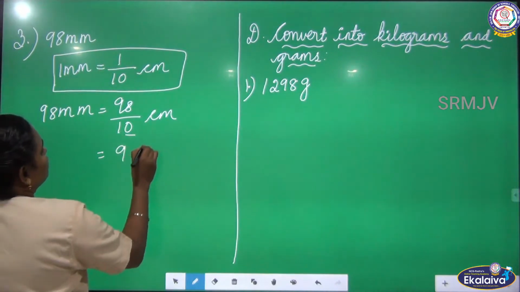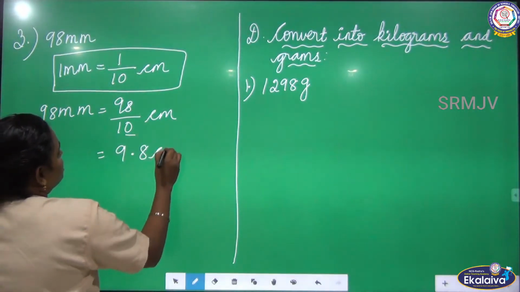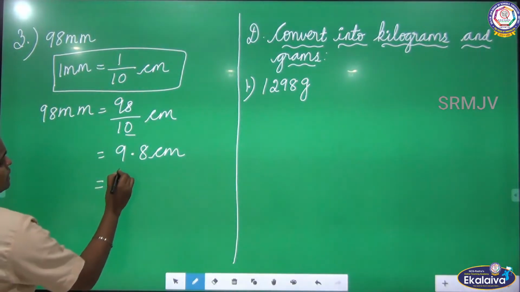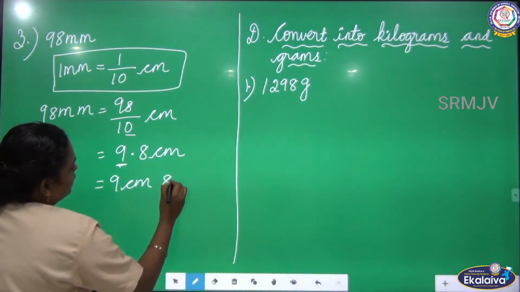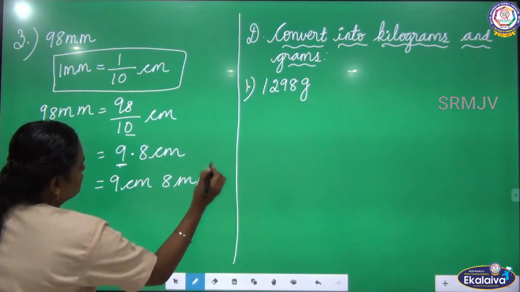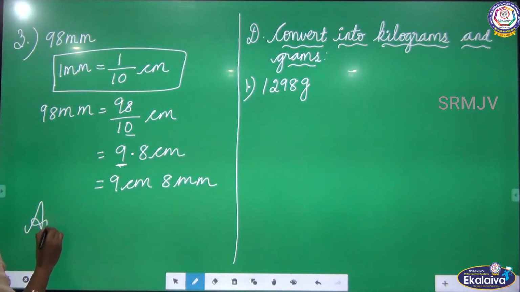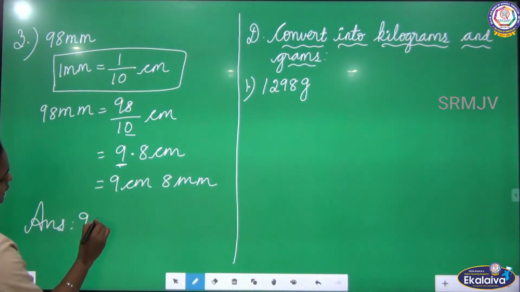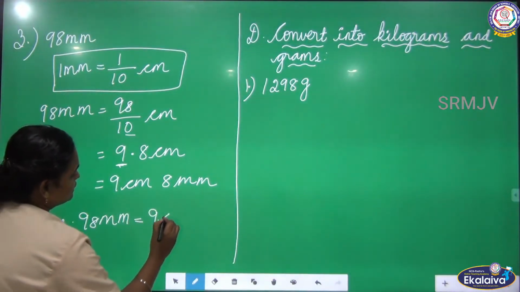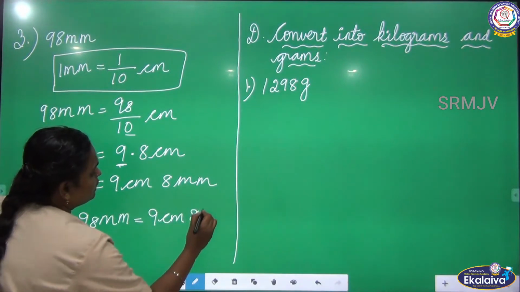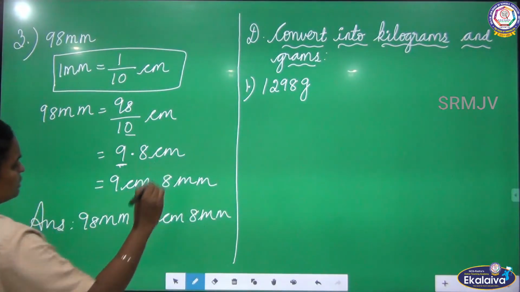So leave only 1 decimal place. So how many centimeter, then how many millimeter? 9 centimeter, then 8 millimeter. So tell me the answer. 98 millimeter equal to 9 centimeter, then 8 millimeter.